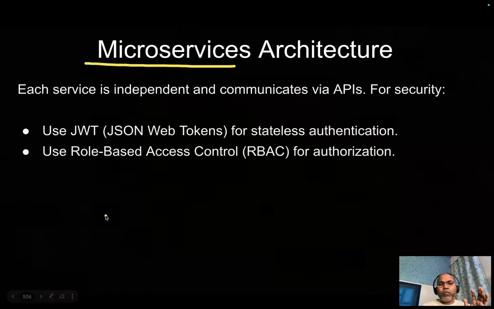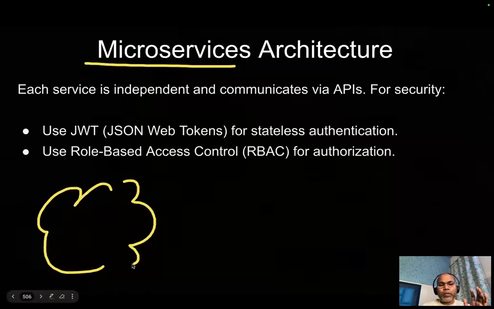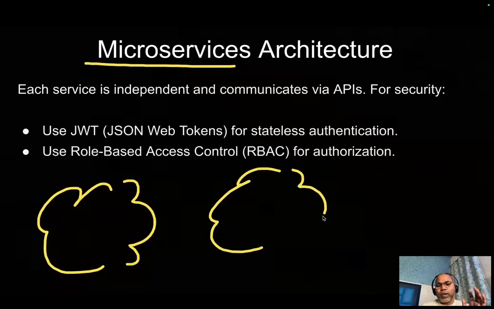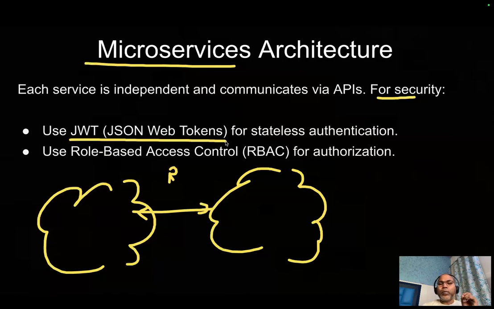Whenever you are working with a couple of microservices that can be deployed anywhere, the communication between them generally happens in the form of a REST API. How can we ensure that the REST API is secure? For security, we are going to use token-based, stateless authentication and role-based authorization.